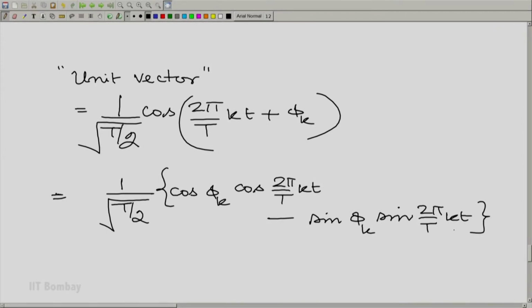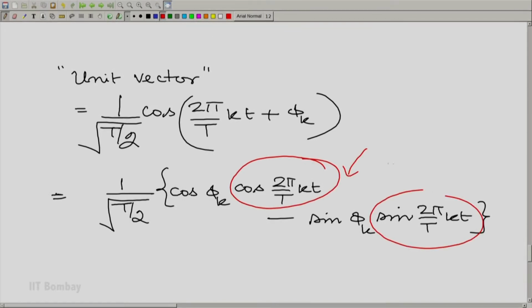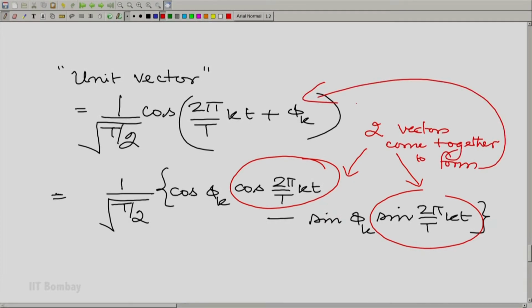So, it is interesting, actually I have two vectors, not one, which come together to form the space spanned by this unit vector, and those two vectors are the cosine and the sine components. These are the two vectors which come together to form this sinusoid again.